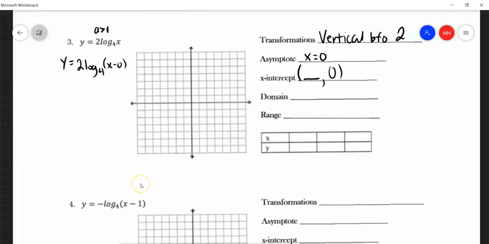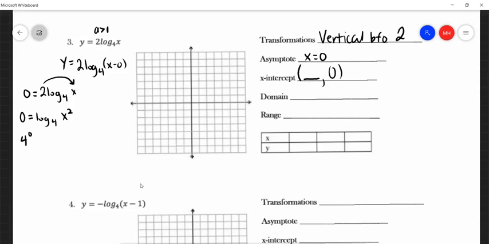So we're going to plug 0 in for y in the equation. So 0 equals 2 times log base 4 of x. Well, one of my rules for log says if I have a number in the front, I can write it as an exponent. 0 equals log base 4 of x squared. I'm going to switch everything around.